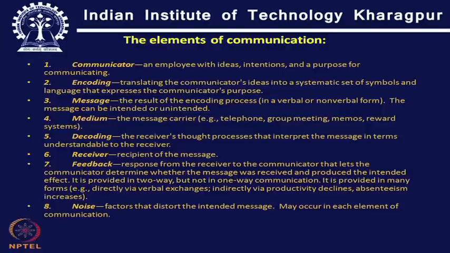Now, when the communicator has a purpose in mind about things that he wants to communicate to others, then comes the next step, which is called encoding. In encoding, what is done? The communicator tries to explain the purpose that he has in mind in certain lucid terms. The symbols and languages that he uses express the purpose he has in mind as things that are communicable to others.